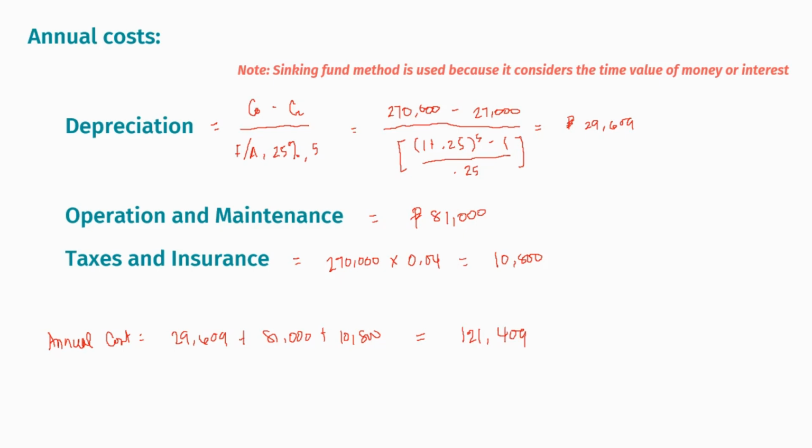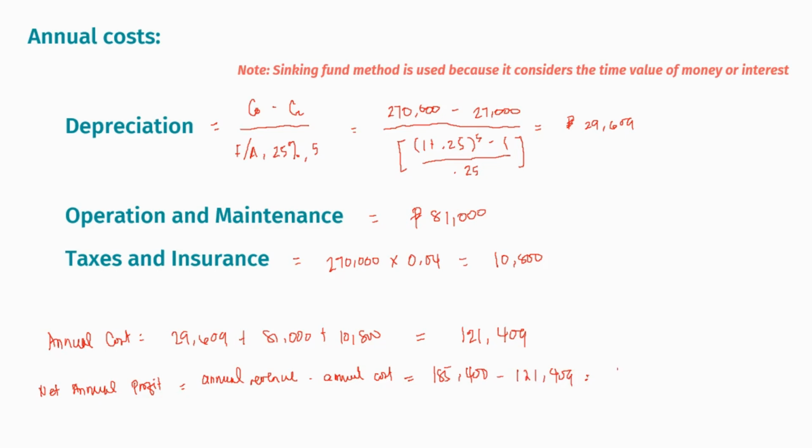So, the net annual profit is equal to the annual revenue minus annual cost. We already know the annual revenue given siya, which is 185,400 minus 121,409.